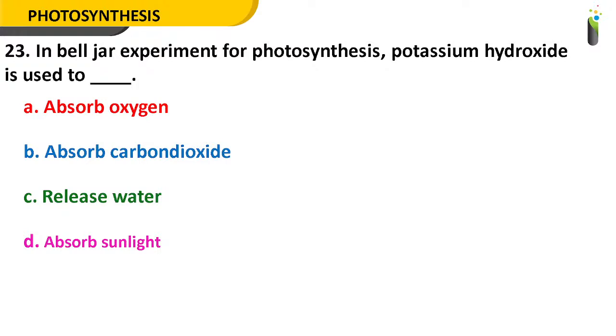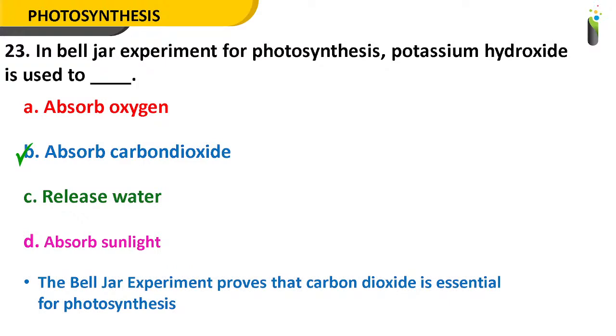What should be the answer for this? Correct answer is B. In the bell jar experiment for photosynthesis, potassium hydroxide is used to absorb carbon dioxide. The bell jar experiment proves that carbon dioxide is essential for photosynthesis.